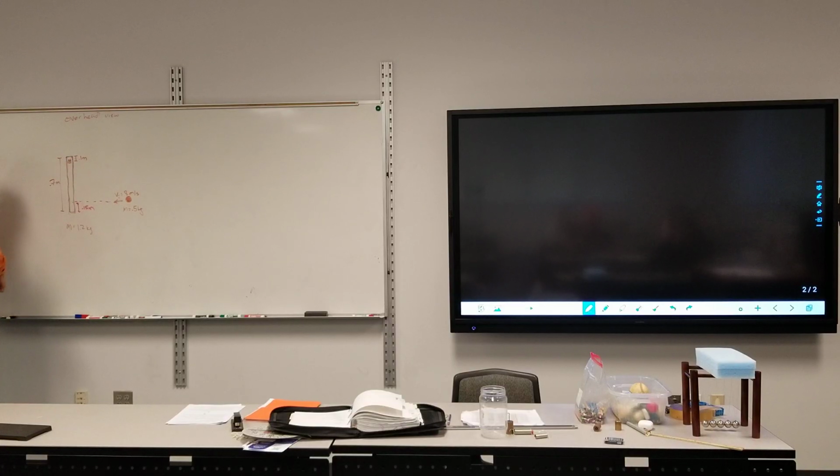It is pivoting about that point. I'm sending a blob here. What is the 0.1 meter? That is the distance from the end to the pivot point. And the blob is going to hit 0.15 meters from the other end.